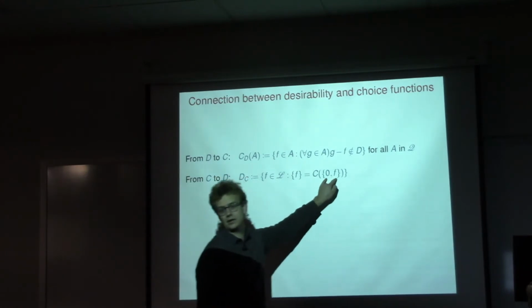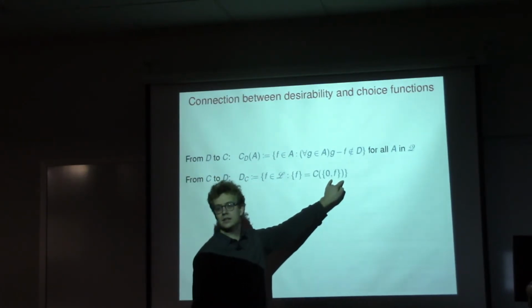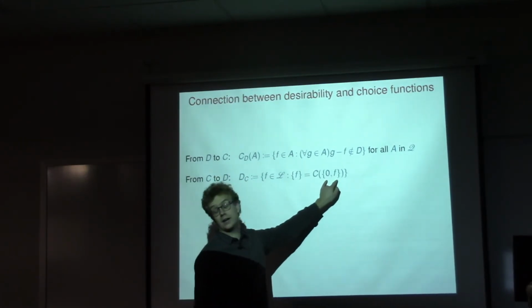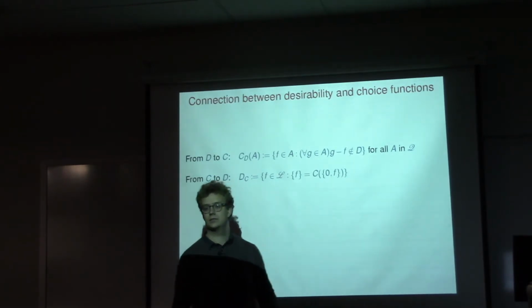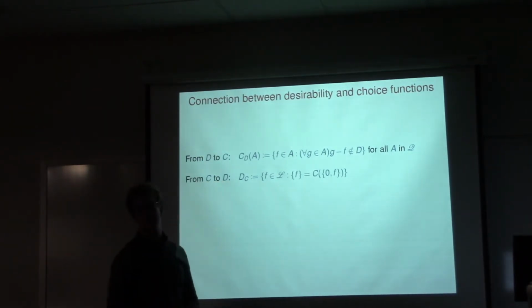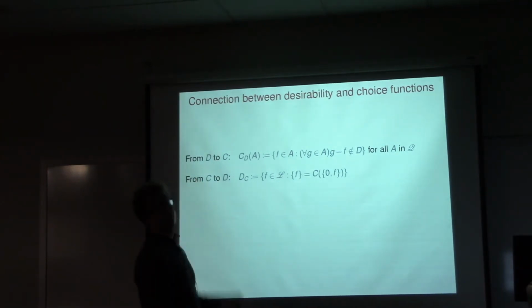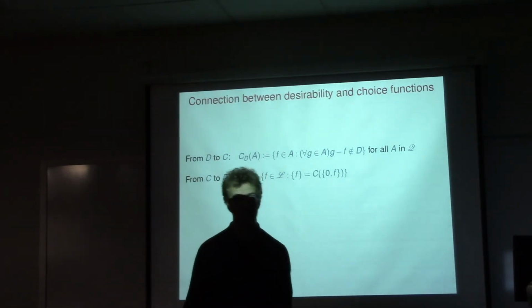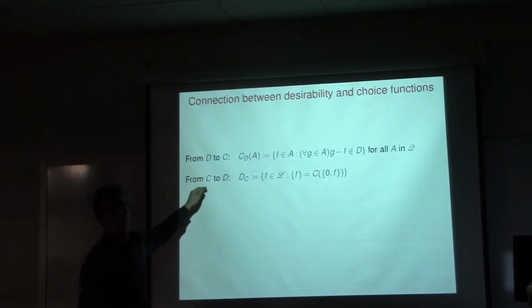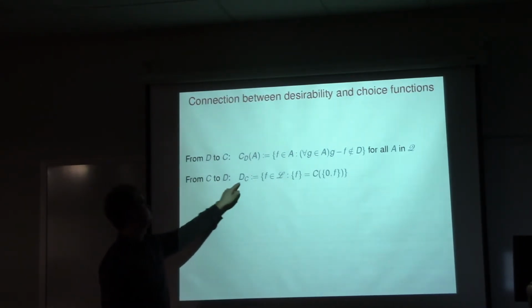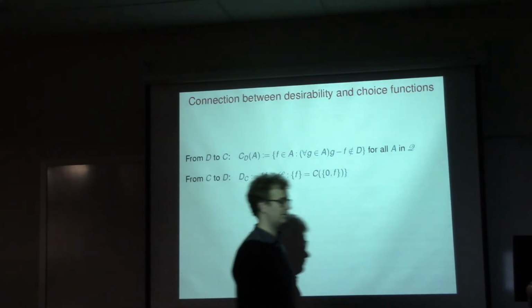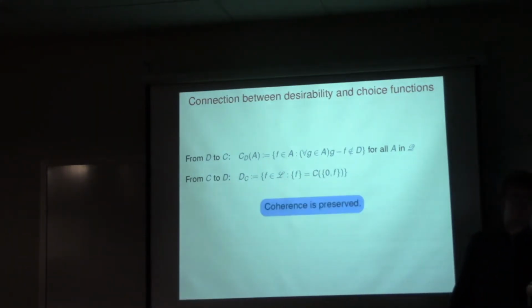I can plug in any finite sets, so in particular I can plug in binary sets with two elements. The gambles f that I choose uniquely from C are my set of desirable gambles. This is a many-to-one relation: many different choice functions map to the same set of desirable gambles. And what is important?